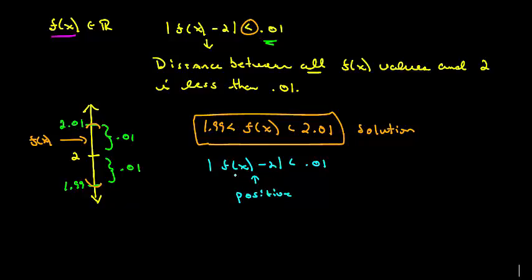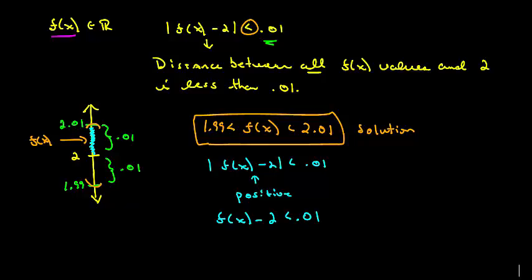Well, it would be positive when f of x is larger than 2, meaning this side right here. Remember f of x can fall anywhere it wants in here. If it fell on this side, then the absolute value of f of x minus 2 is just equal to f of x minus 2 without the absolute values. So we want that to be less than 0.01.